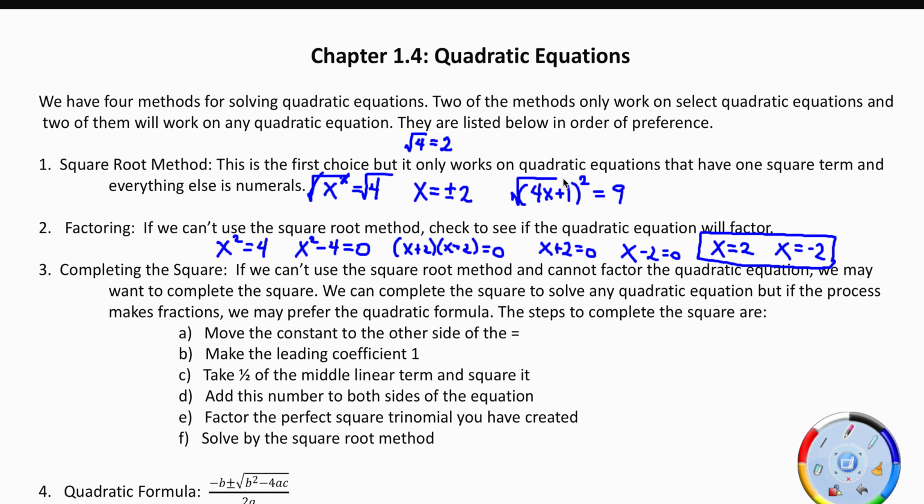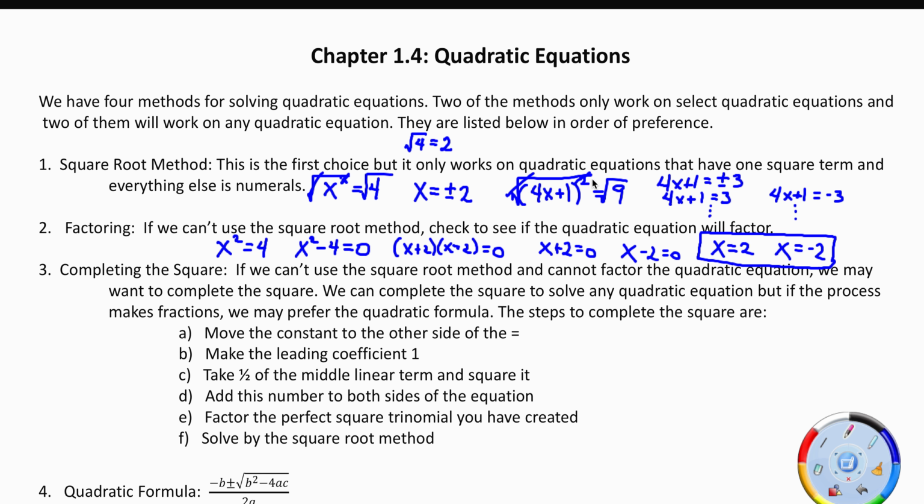I can still take the square root of both sides, which will leave me 4x plus 1 equals, and don't forget the square root of 9 is plus or minus 3. So I have my two equations, 4x plus 1 equals 3 and 4x plus 1 equals negative 3, which are simple linear equations that I can then continue to solve.